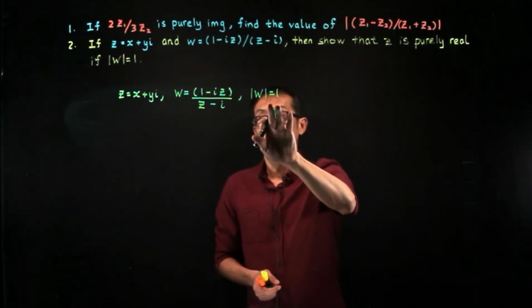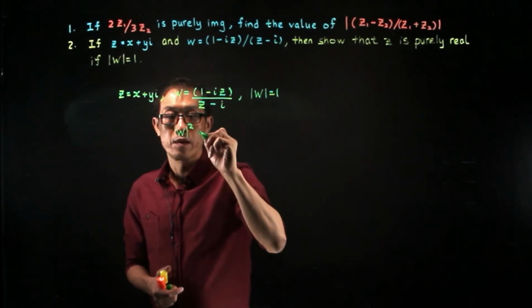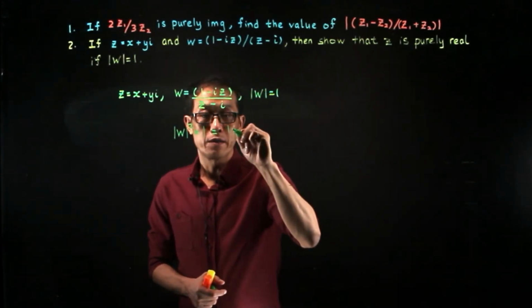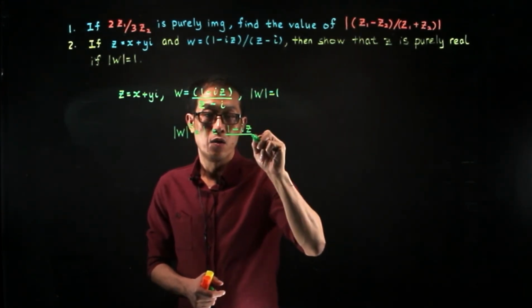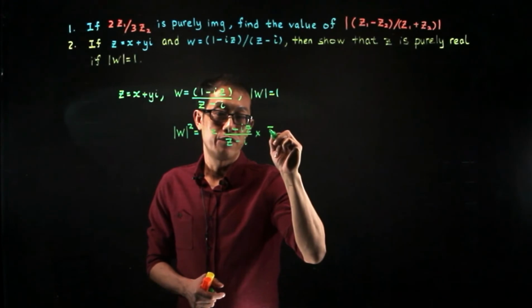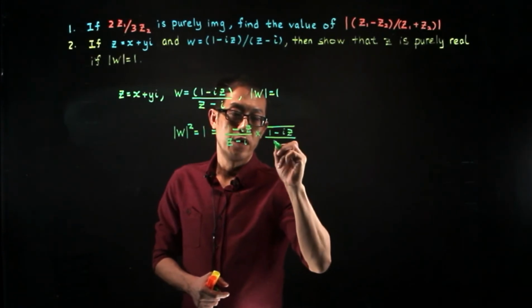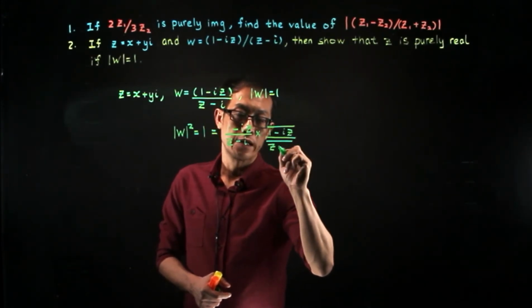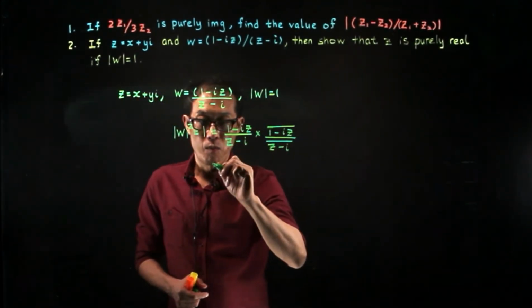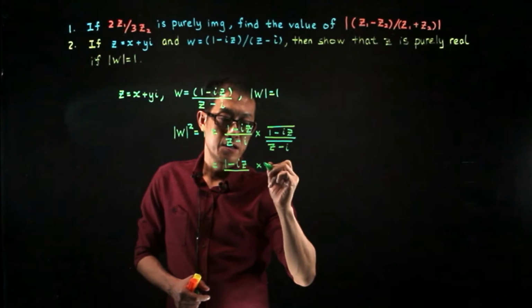Now, the modulus of w equals 1, so the modulus of w squared will be equal to 1. That will be equal to the modulus of 1 minus iz over the modulus of z minus i.